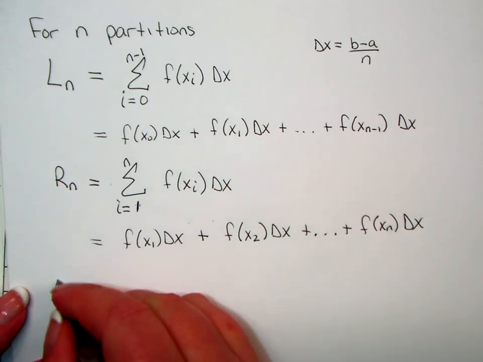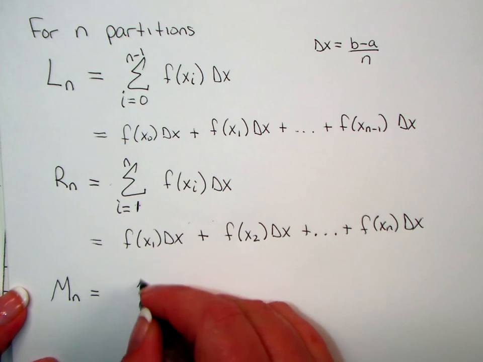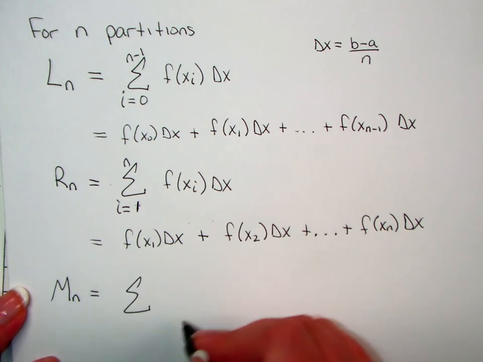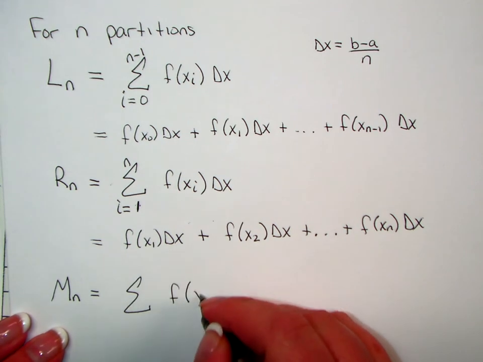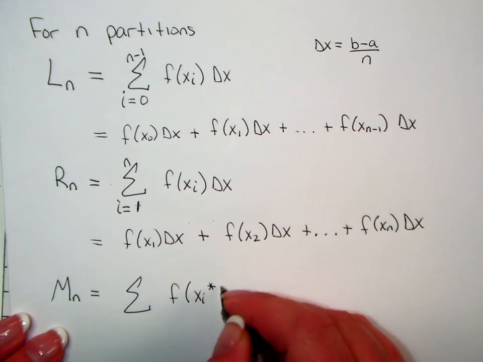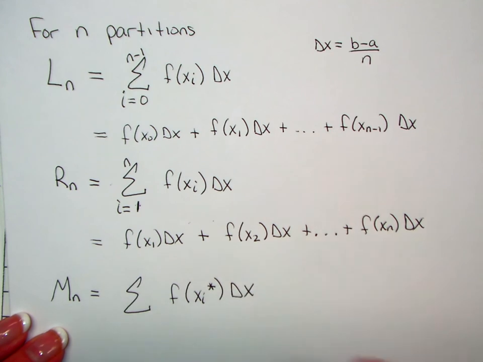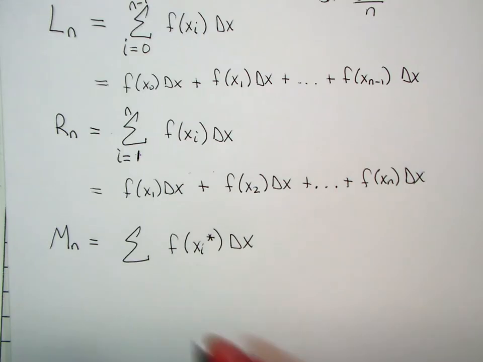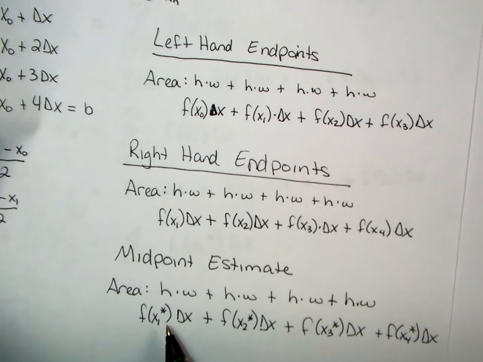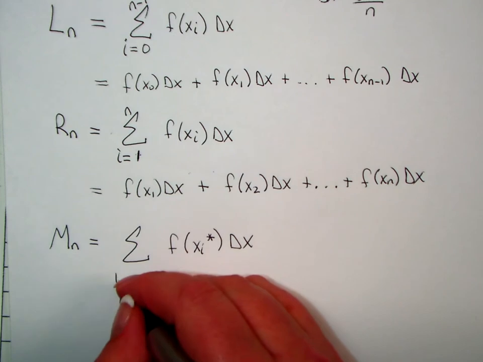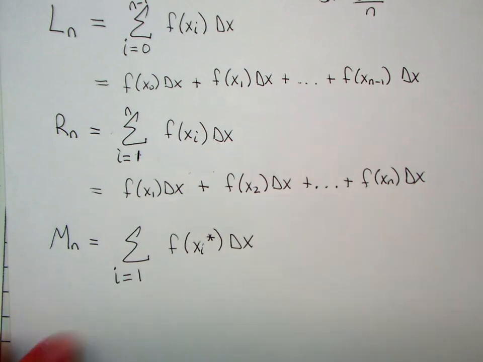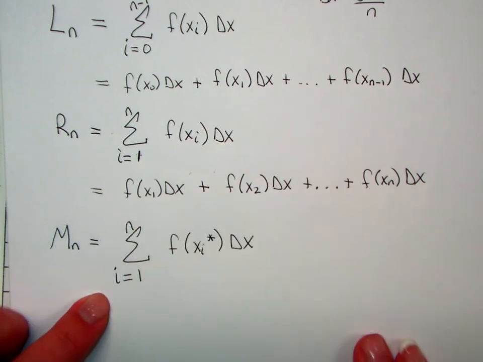Now the midpoint. We are going to do our function at x of i star times delta x. So what does i start with when we use the midpoints? The midpoints also was 1, 2, 3, and 4. So we're going to start the i at 1, and we're going to stop at n.